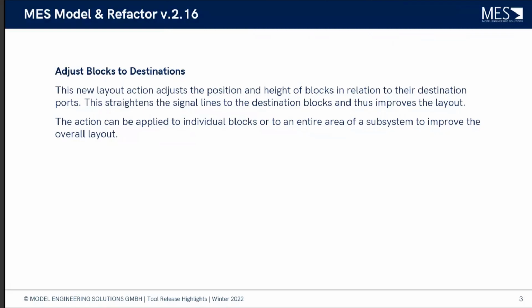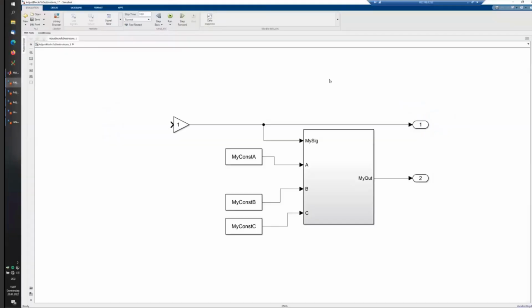Yeah, of course. Let me share my screen. So we have a new feature, Adjust Blocks to Destinations, and it's an action for improving your layout or taking some work away from you by arranging your selected blocks according to their destinations.